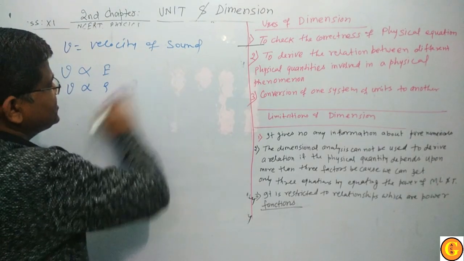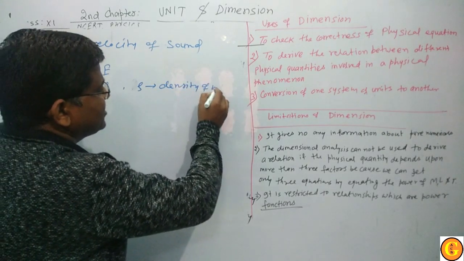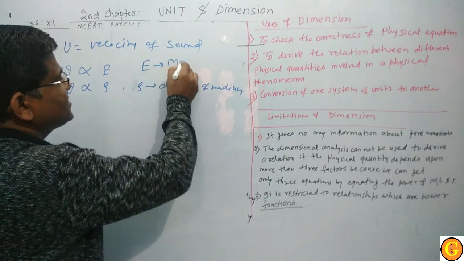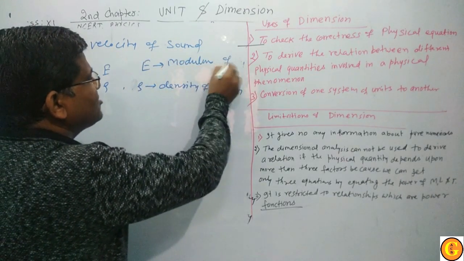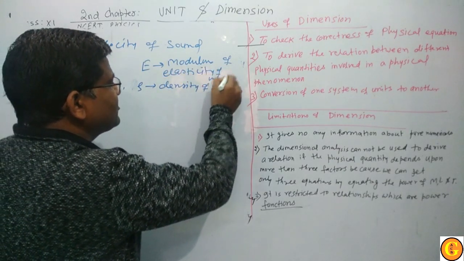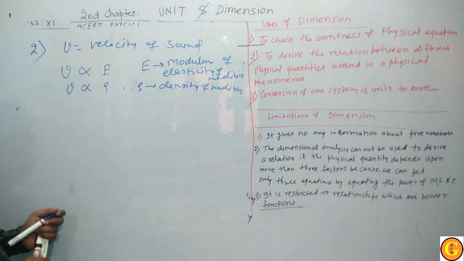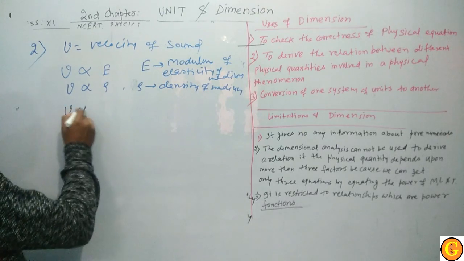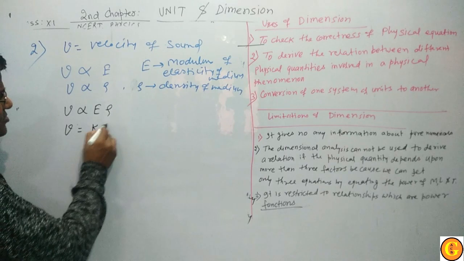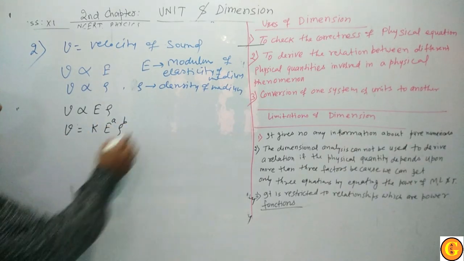Rho is the density of the medium, and E is the modulus of elasticity of the medium. Velocity of sound depends upon E and rho, so V equals K, E to the power A, rho to the power B. Write the formula of each one.